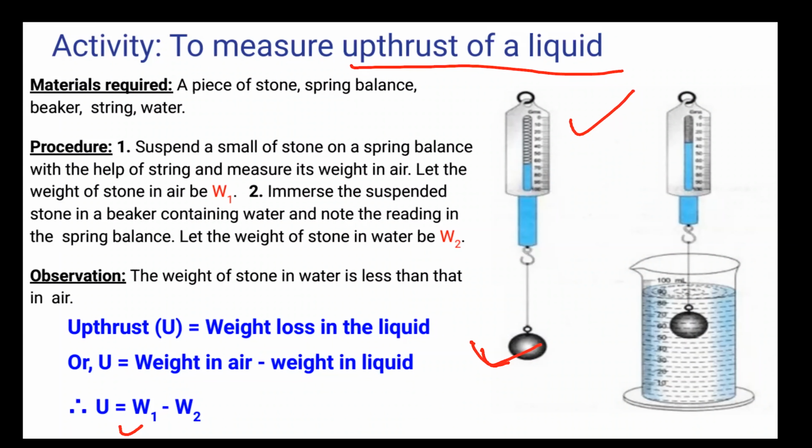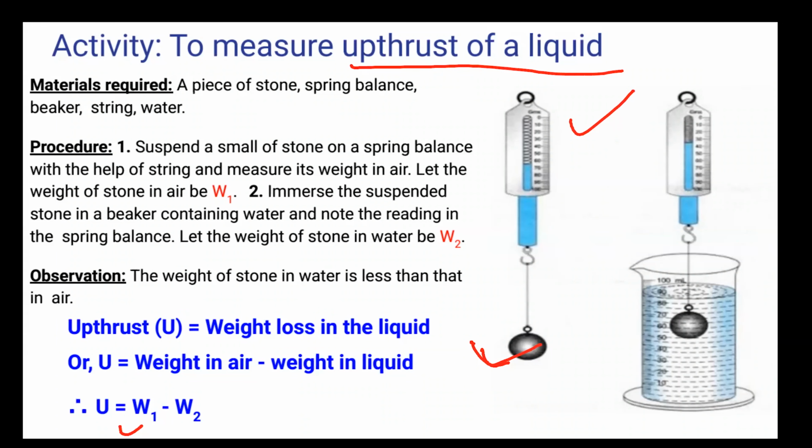After finding the weight of the body in the air, now immerse the same body inside the liquid, water or any liquid whose upthrust you are going to measure. When we immerse the same body suspended in the spring balance inside the liquid, you find a decrease in weight.